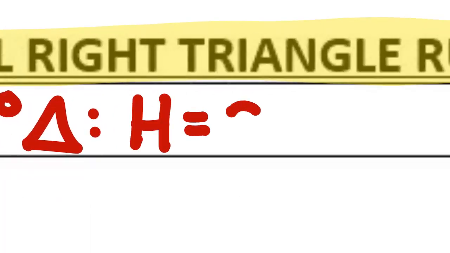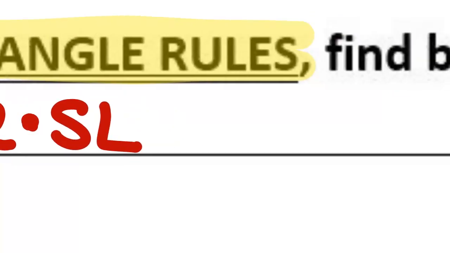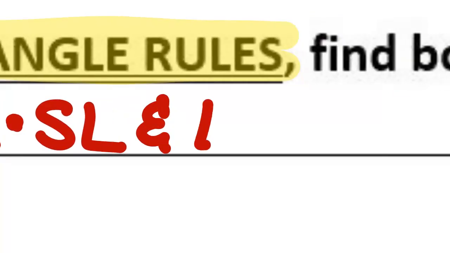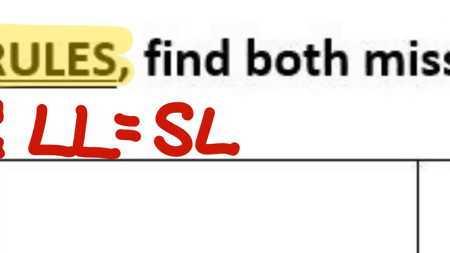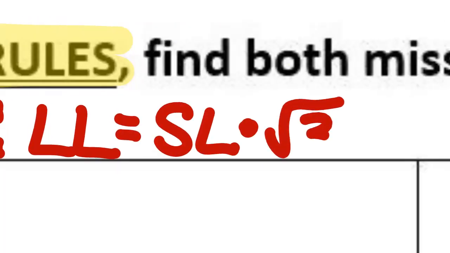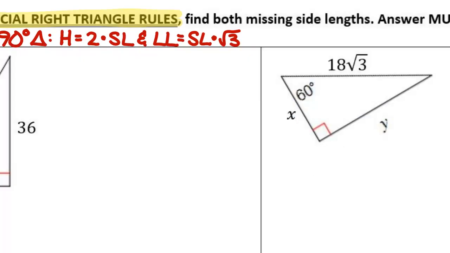Hypotenuse equals 2 times the short leg, and the long leg equals the short leg times radical 3. So that's for a 30, 60, 90.